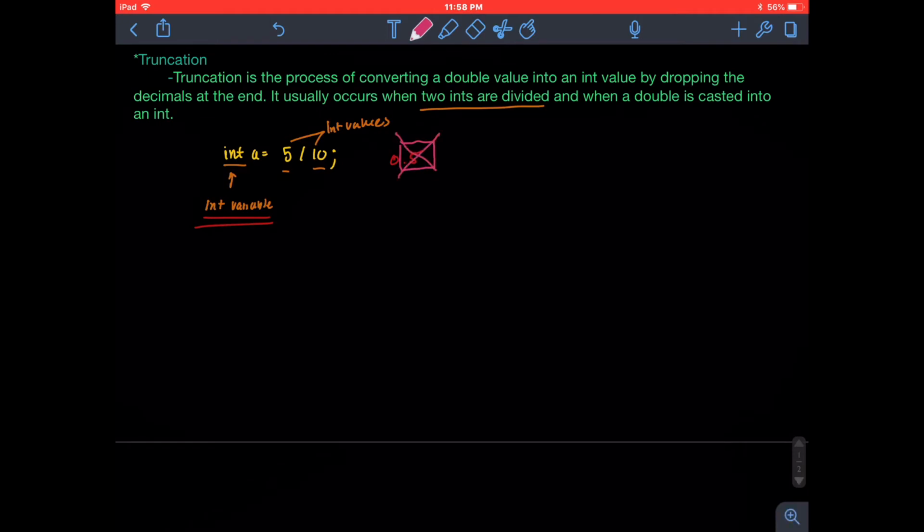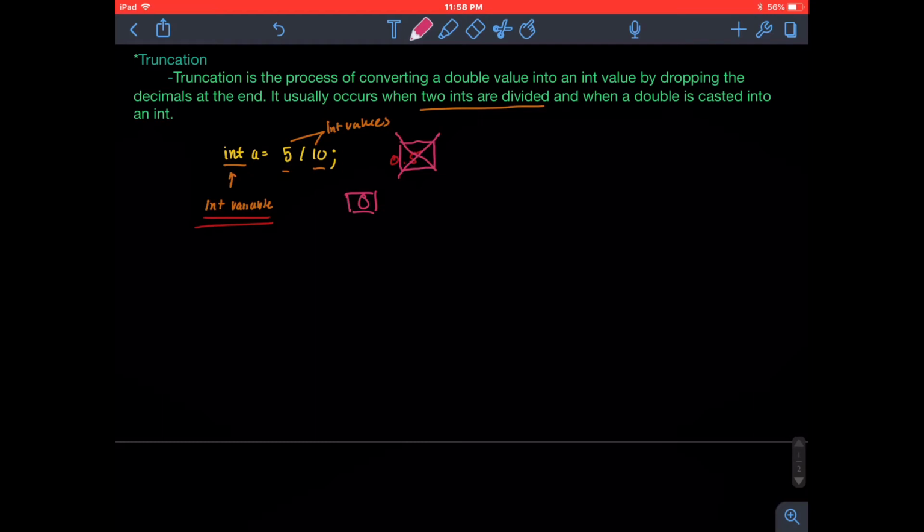We don't round up, we just simply drop the decimal. In any case, we actually round it down. So our value for this would be 0, and that's how we use truncation when we're trying to divide an integer value by an integer value that is stored in an integer variable.